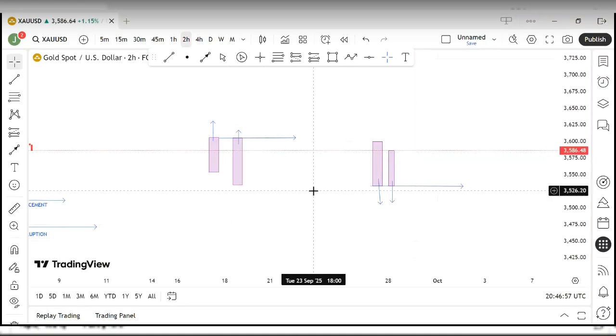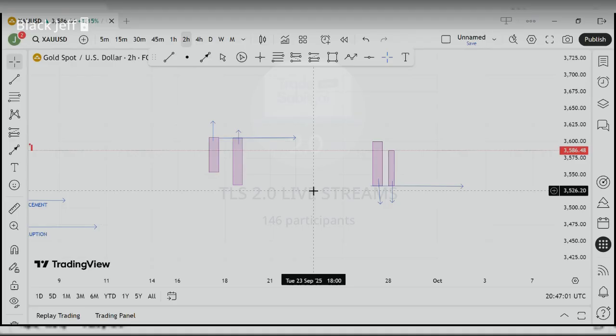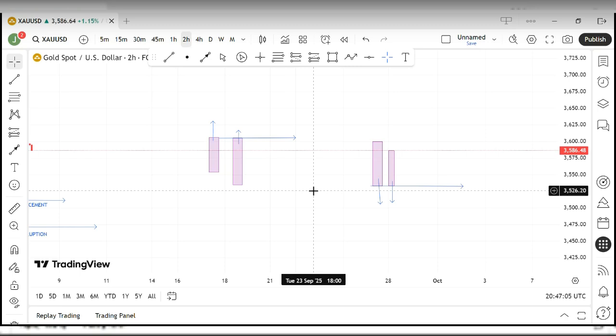Now, there are four types of key levels, but two key levels give birth to the other two types of key levels.